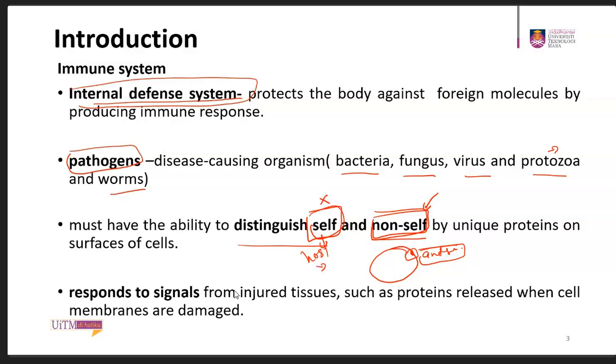So your immune cells are supposed to differentiate which one is the self antigen and which one is the non-self antigen. Non-self is foreign, self is from the host cell. They also respond to signals from injured tissues, such as protein released when cell membranes are damaged.